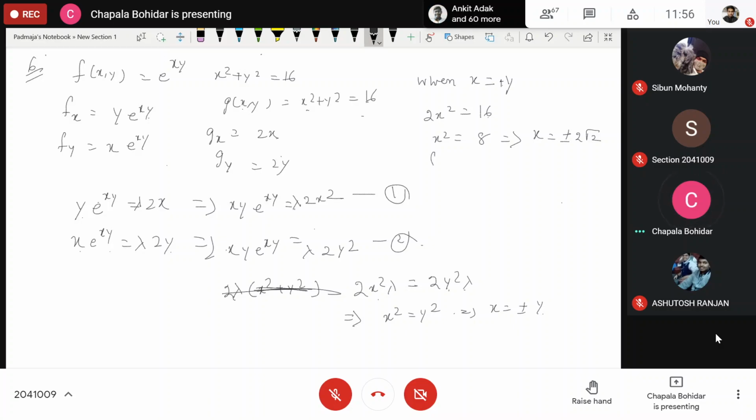For x is equal to minus y, taking y outside, 2y square and lambda. Again we get that the value of x is equal to minus y, and the value of y is equal to plus minus 2 root 2.